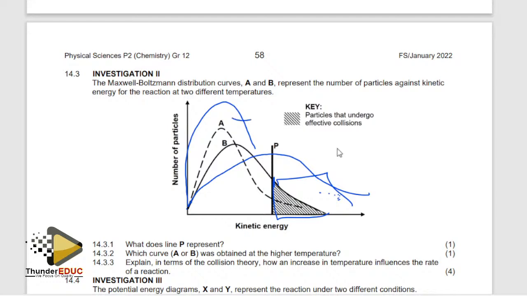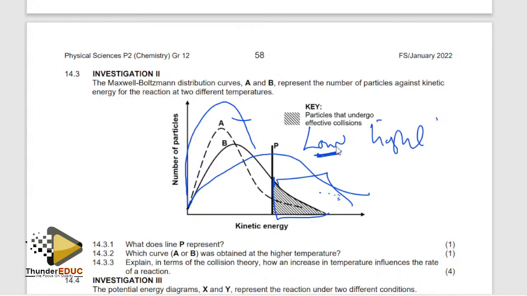For example, you have lower temperature and then high temperature. How is the high temperature going to affect?